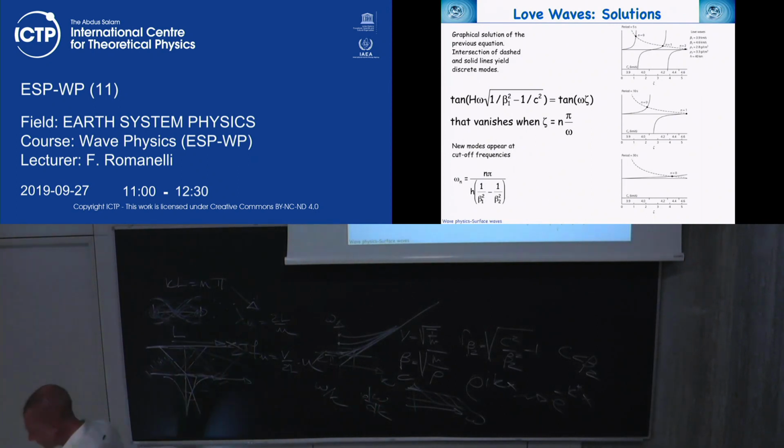What do we have here? Let's look at the bottom right cartoon. We do have here as a variable this psi. Look, omega h, this is r beta 1 actually.